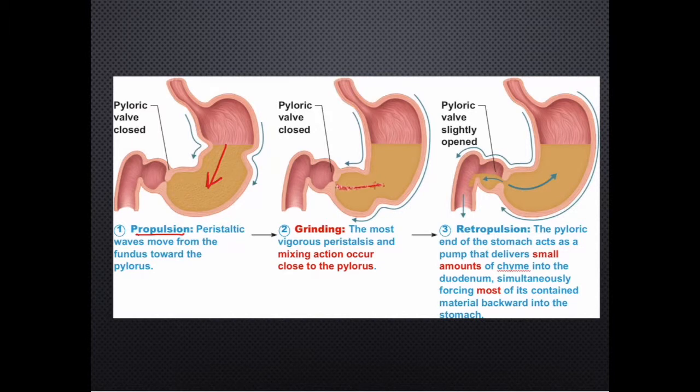And the most vigorous contractions are going to be taking place in the pylorus, the pyloric canal, and this is where the grinding is going to be taking place. I have very vigorous muscular contractions taking place here. This is where I will be performing the mechanical digestion now.